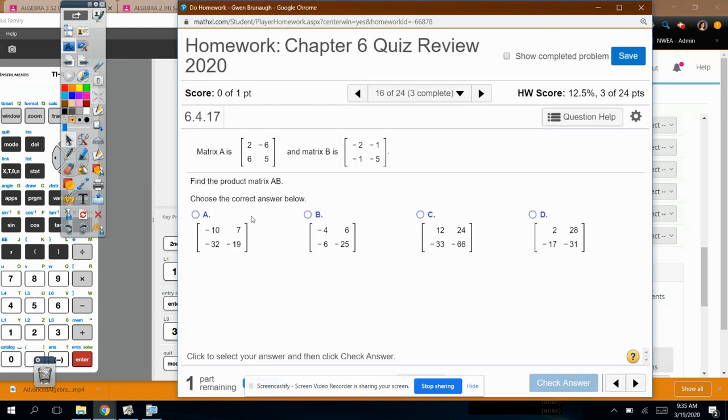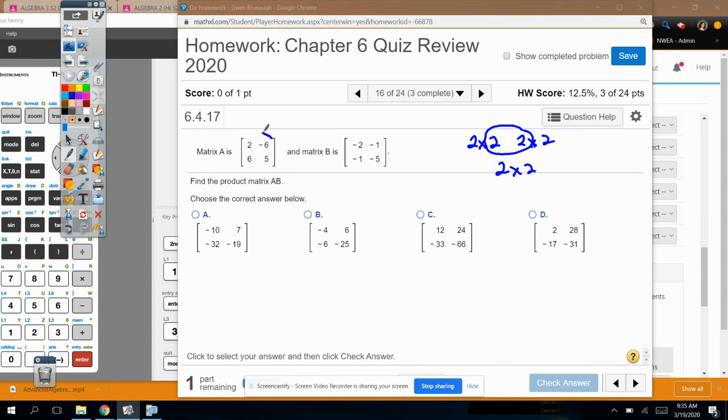Okay, let's multiply A times B here. This time I'm going to look at it by hand because they're small, like I kind of told you about. A is a 2 by 2, B is a 2 by 2. They can be multiplied, not because they're the same size, but because their middles match. And the answer will be a 2 by 2. Okay, so row by column.